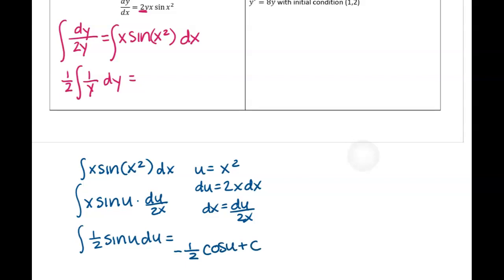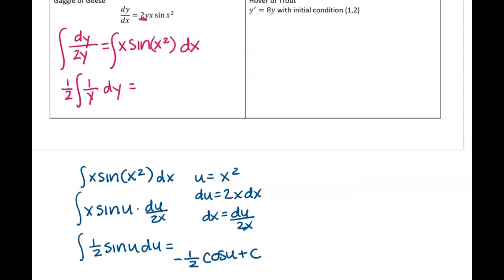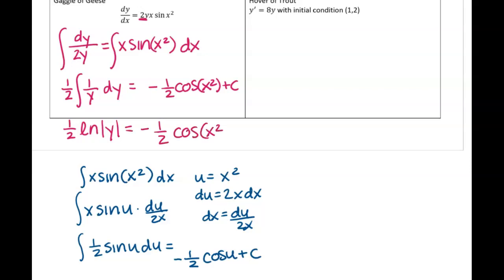So when we go back up here, instead of u, we're going to put our x squared back in. So this integral here is going to equal negative 1/2 cosine of x squared plus c. But what's the value of this integral? 1/2 natural log of y equals negative 1/2 cosine of x squared plus c.